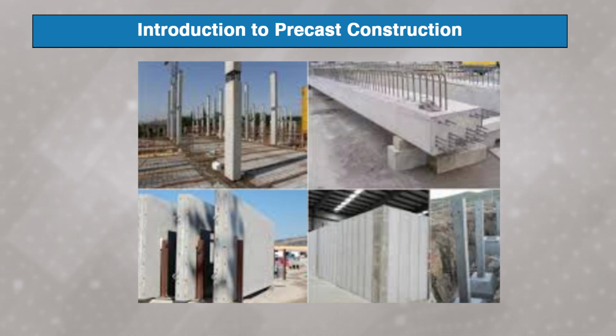It is a method of creating structural components in a controlled factory environment before they are transported to and assembled at the construction site. This technique ensures high quality as the production process is not influenced by external factors like weather, site conditions or variability in labor skills.